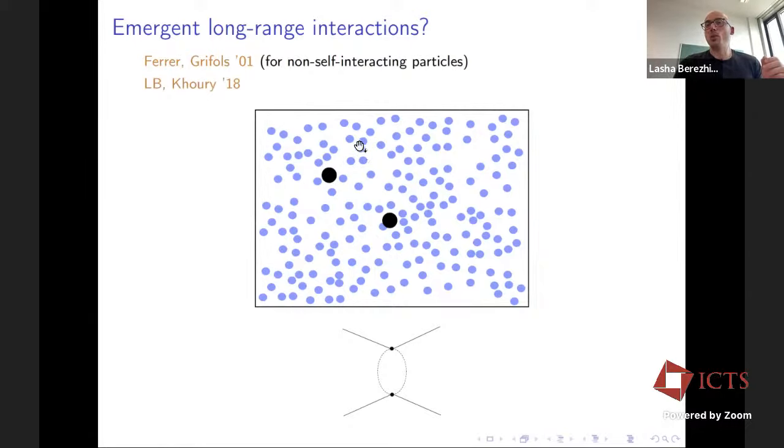The blue is an analog of dark matter, and the black ones are baryons. Imagine that the only interactions that we have in the theory are collisional interactions. So both species are massive, and they only have collisional interactions. Then two baryonic particles could interact, and the effective potential could be computed.